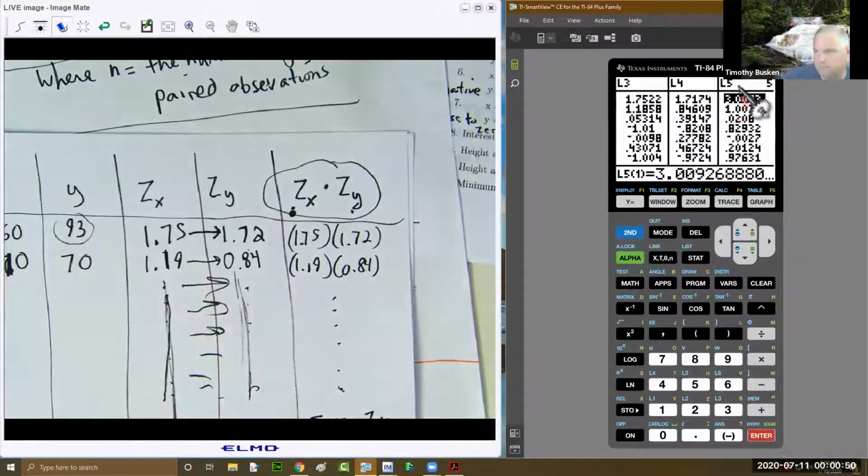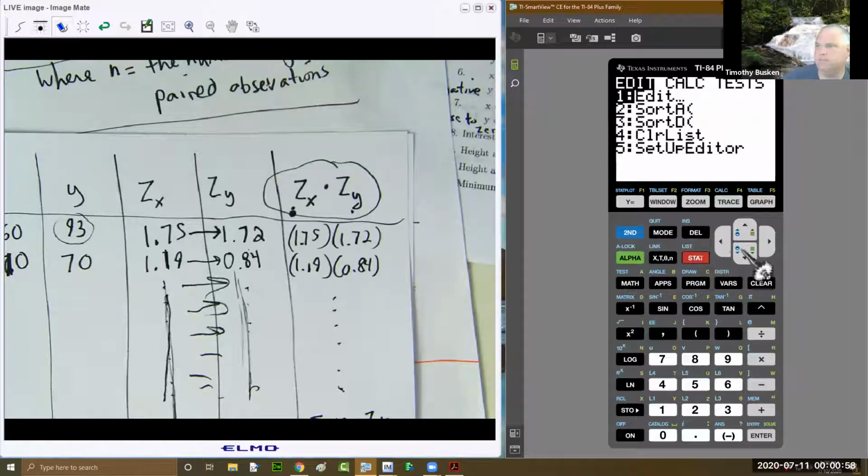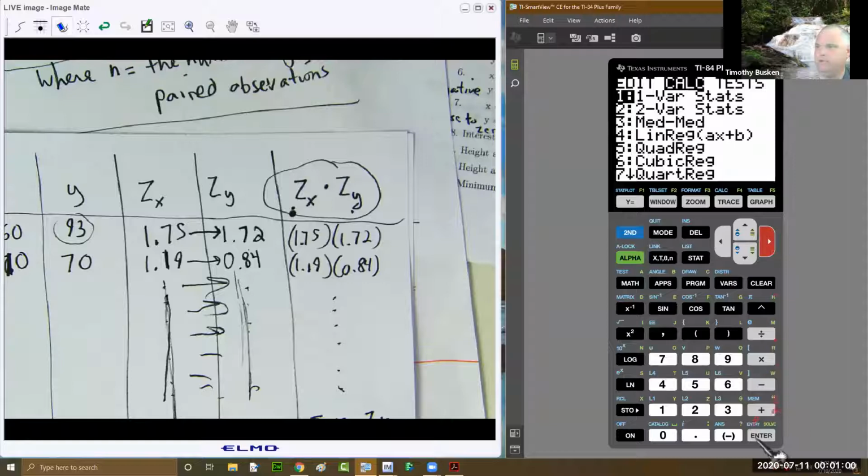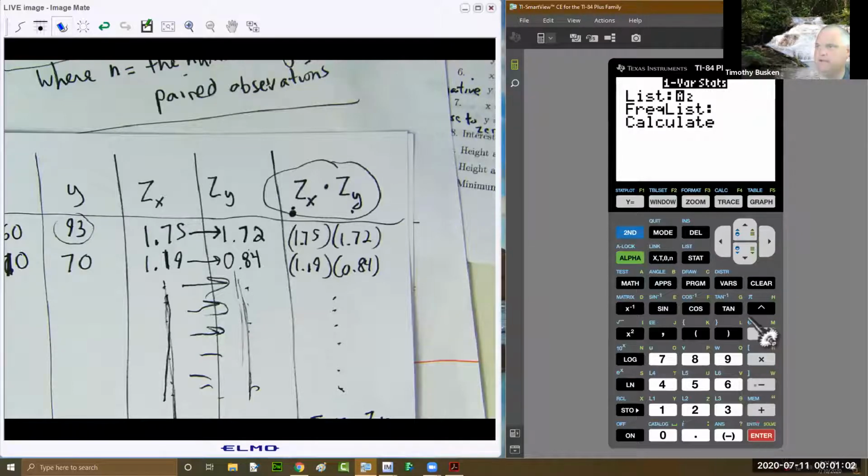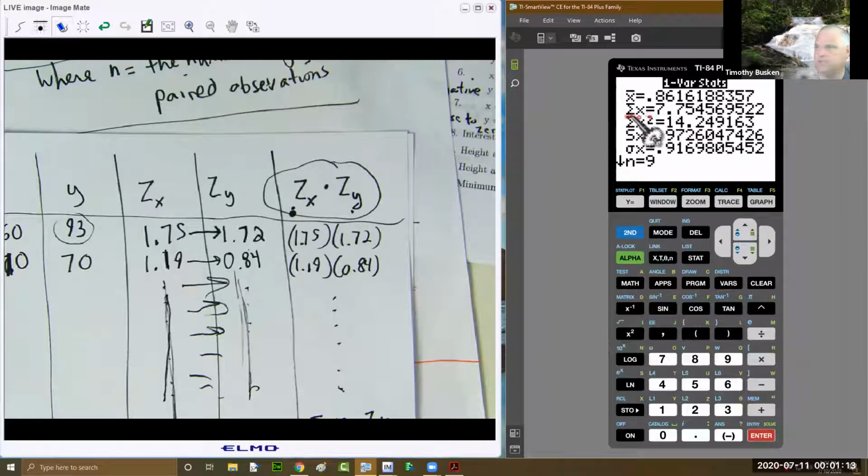If I want to sum up all of those products, there's a couple of ways to do it. There's a sum command, I believe. But how I'm going to do it is I'm just going to call on the one variable stats, and I'm going to do it on list 5. And once I do that, this number right here, summation x, that should be the sum of all the numbers in this column.